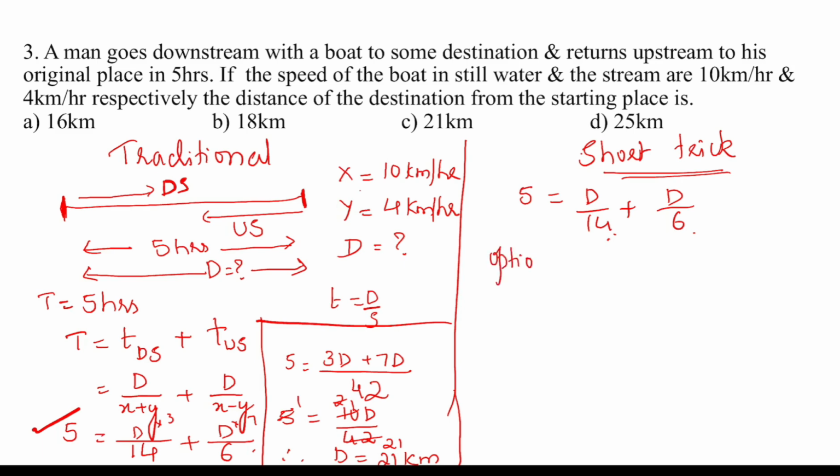Option 1 is 16 kilometer. So we'll take D as 16 kilometer. Now 5 is equal to 16 by 14 plus 16 by 6. So 16 by 14 means 2 sevens are 14, 2 eights are 16, so it is 8 by 7, and 16 by 6 is 8 by 3.